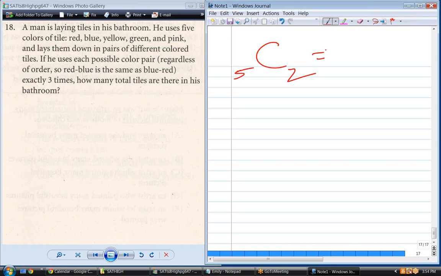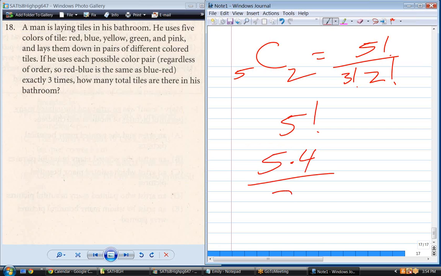What is that? Do you know the formula for combination? No. It's 5 factorial divided by 3 factorial times 2 factorial, which is 5 times 4 over 2 times 1.